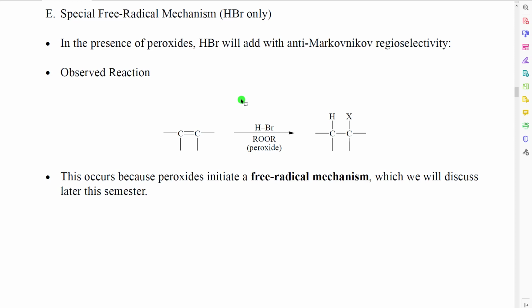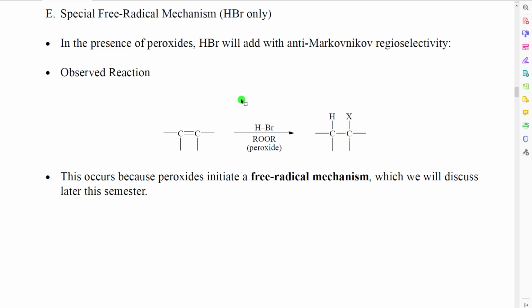However, with hydrogen bromide, some labs reported the exact opposite result. They reported that with hydrogen bromide, they were seeing the hydrogen preferring to attach to the more substituted carbon. This regiochemistry was called anti-Markovnikov because it was the direct opposite of what you would expect with Markovnikov's rule.